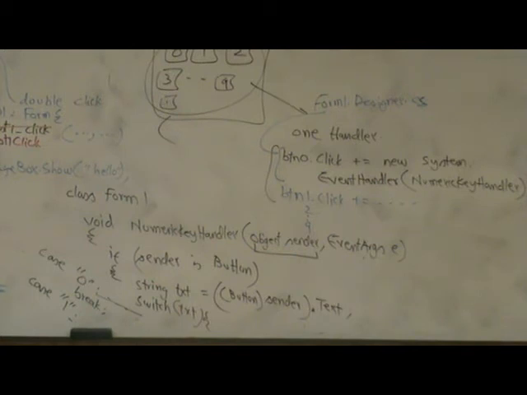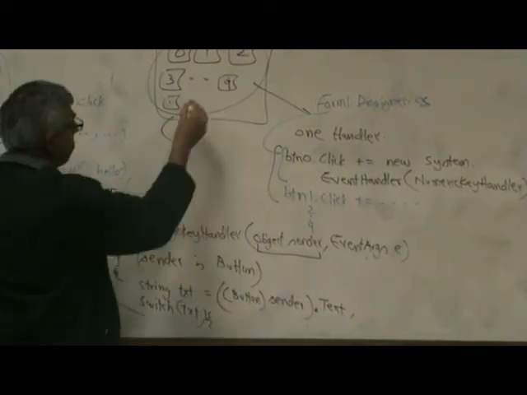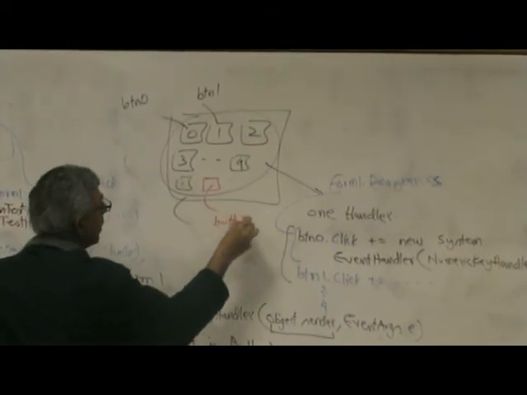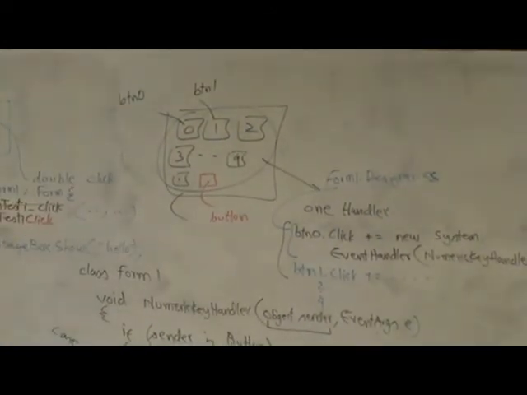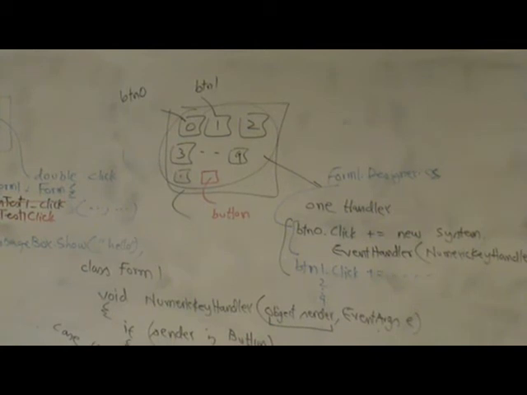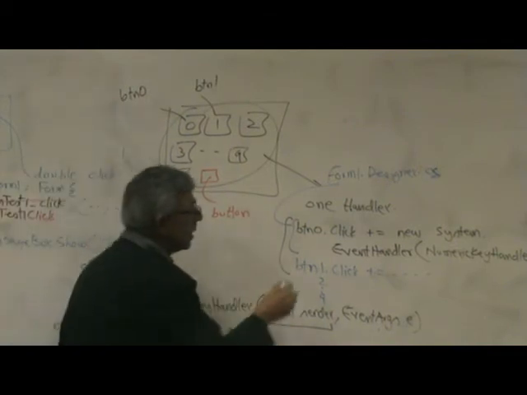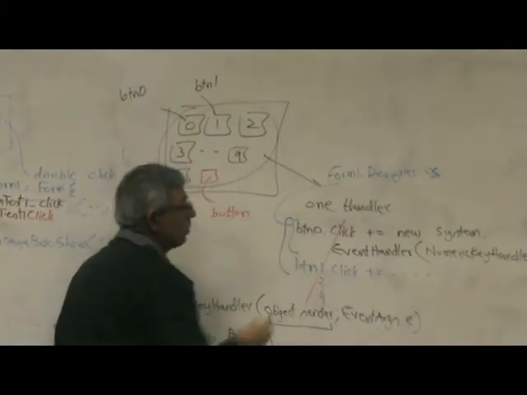Now this is what you do. You add one more button over here. Let's pretend. Now you run the program. One thing you may notice is sometimes all of this code will disappear.